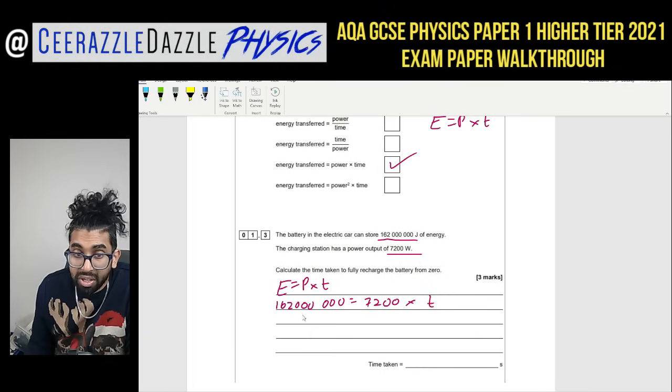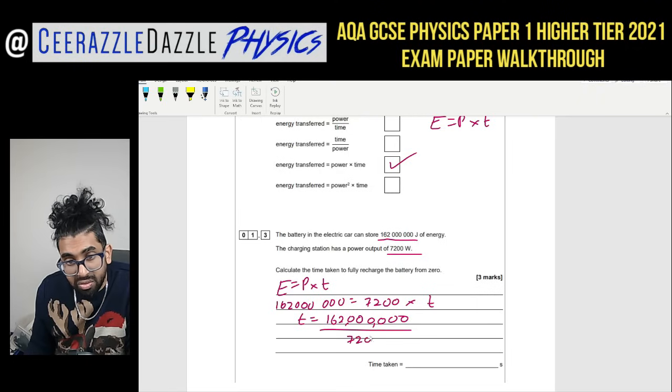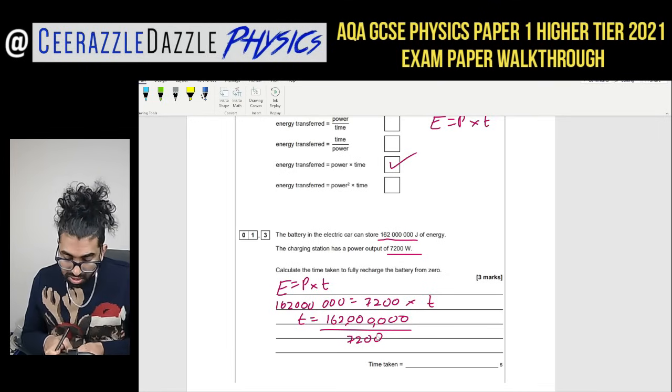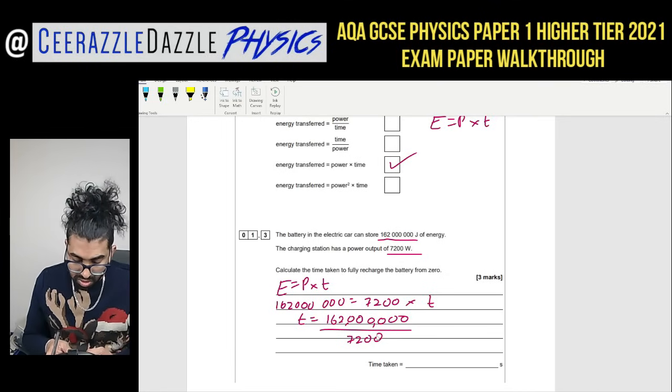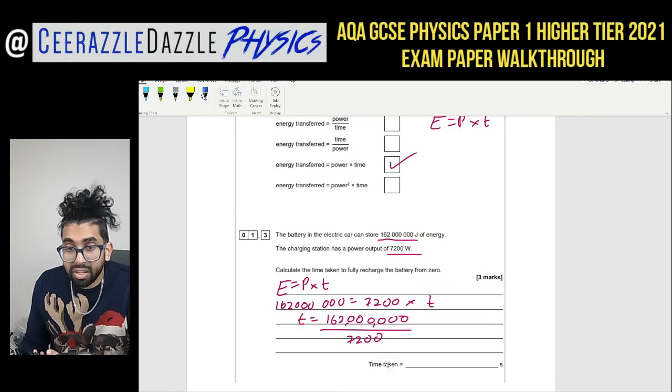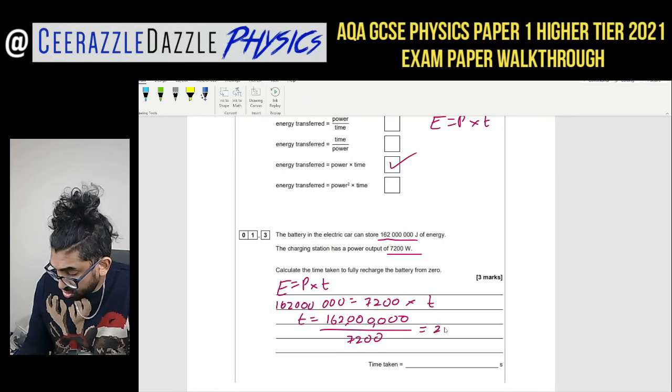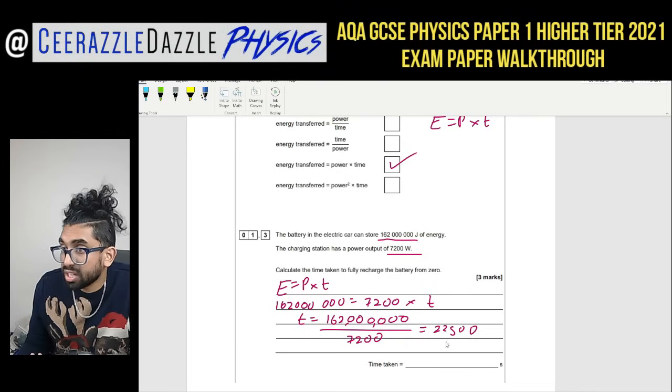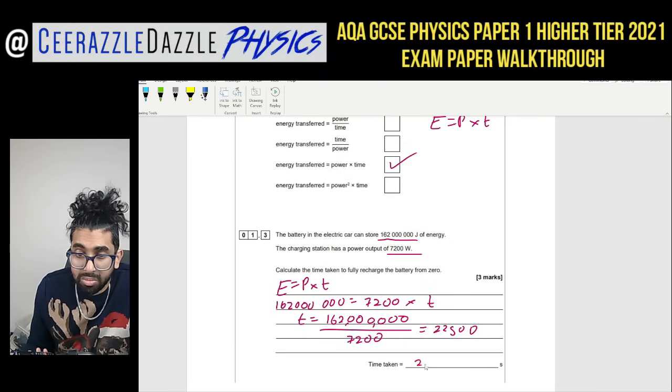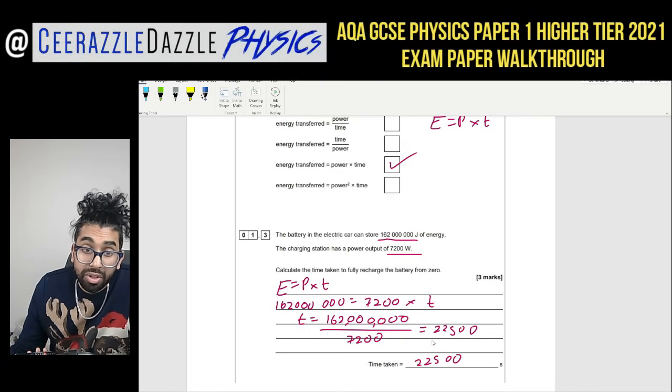Rearranging with some algebra, T is equal to 162,000,000 divided by 7,200. In a calculator, I'm getting the value in seconds, 22,500 seconds. That's correct with the mark scheme, 22,500 seconds. Scrolling down for the next one.